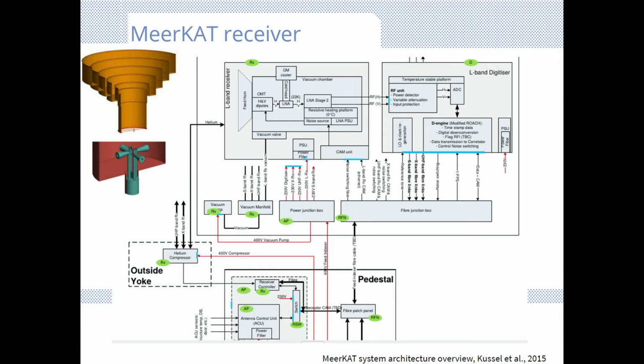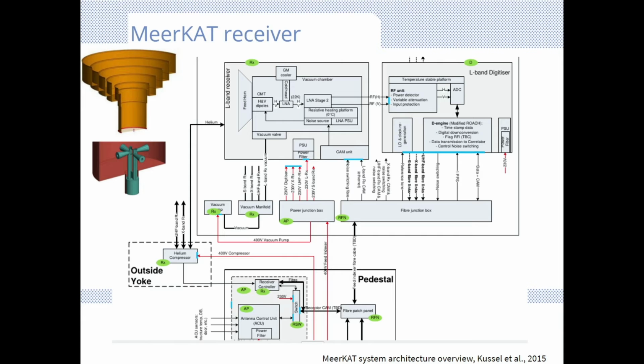Now, let's look right at the front end there. Each of these MeerKAT receivers will have a horn and a waveguide. At the end of the waveguide, there is a dipole, right? So vertical and horizontal dipole.